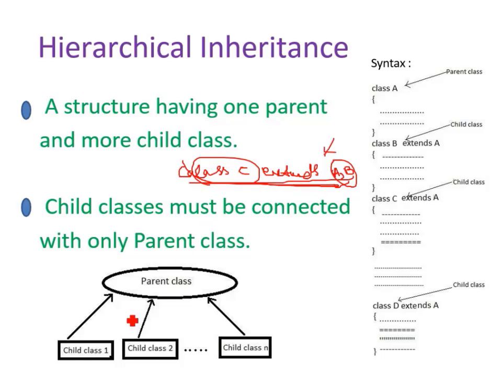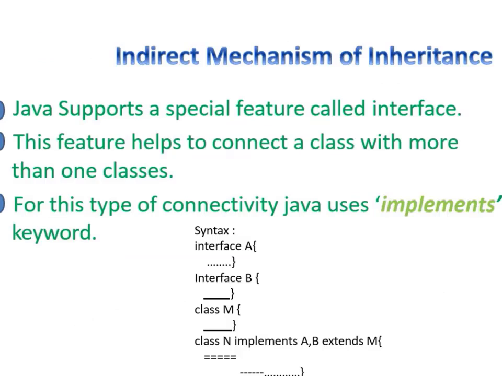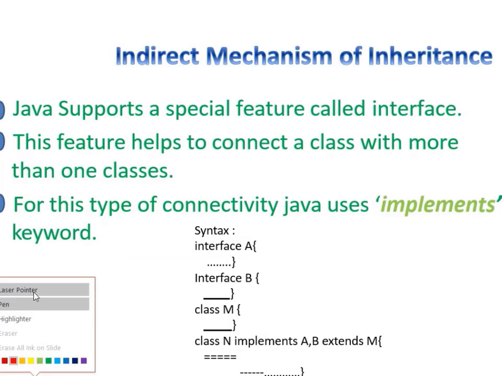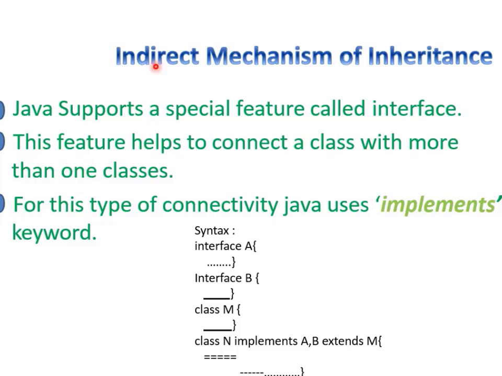So to solve this problem, the Java programming language uses interfaces. Indirect mechanism means if you want to extend multiple classes at the same time, you will use interfaces. Java supports a special feature called interface.